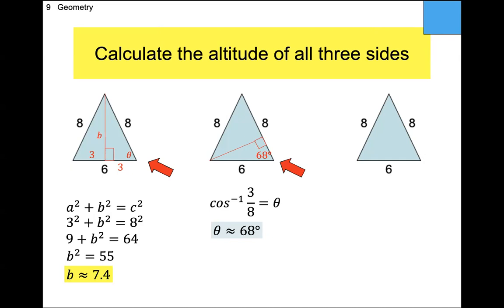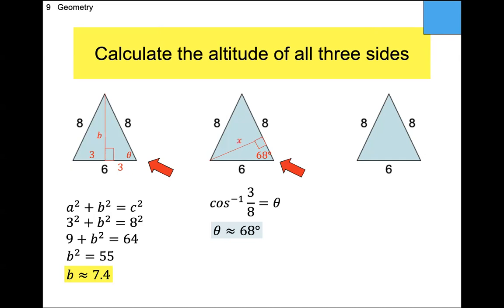Okay, so to finish this one, to figure out how long the altitude of the red line right there is, we simply need to see what we've got in relationship to that angle right there. We have a hypotenuse, and we want to calculate, in relationship to 68, the opposite side. So the opposite side over the hypotenuse would be the sine function.